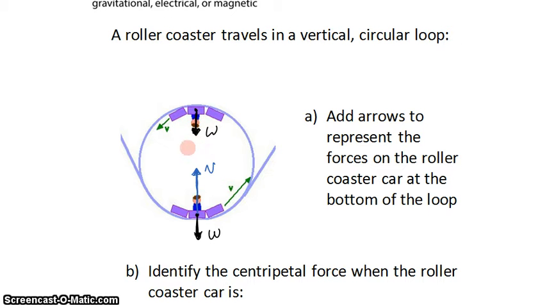A third possibility is if you're moving too slow. If you're moving too slow, then you're actually hanging by the track as you slowly fall around, in which case the normal force is supporting you upwards to keep you from falling off the track itself. So this would be if you're like hooked into the track and you're hanging from it as you slowly roll around. So 3 different possibilities.